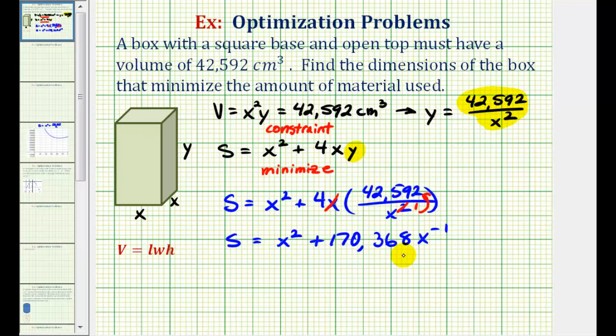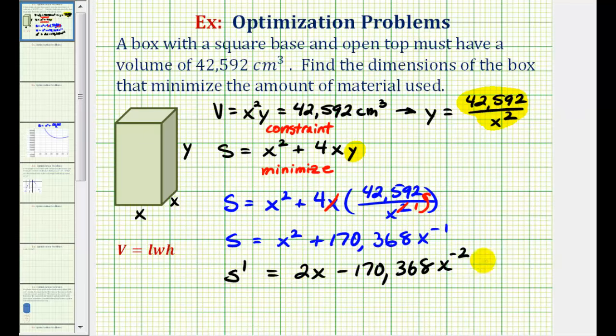Now to minimize this, we'll use calculus techniques. So we'll find the first derivative, determine where it's undefined or equal to 0 to find our critical numbers. So S prime is going to be equal to 2x. Here we're going to multiply by negative 1, so we'll have negative 170,368. Subtract 1 from the exponent, that will give us x to the power of negative 2.